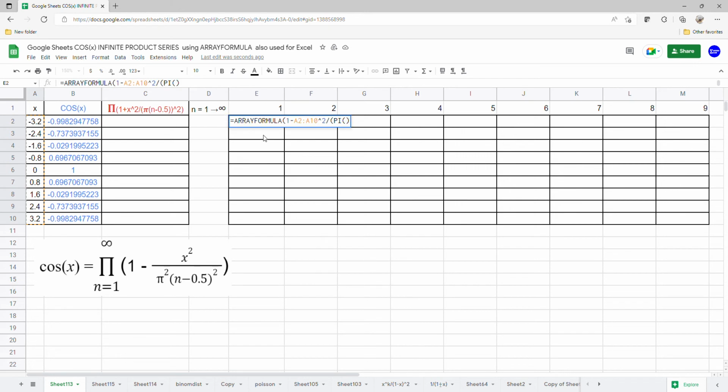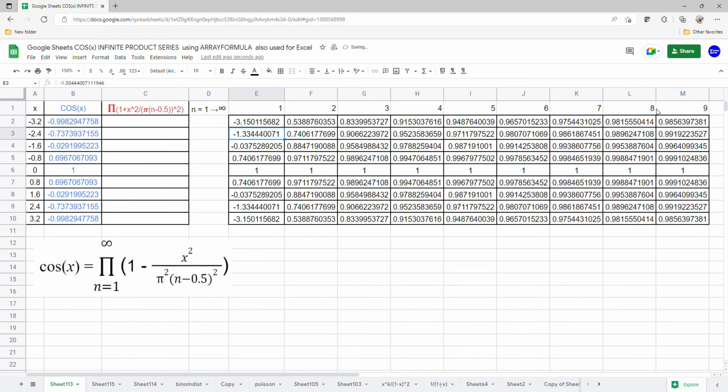The second part is the quantity n minus 0.5, raised to the power 2, and close parenthesis and enter.